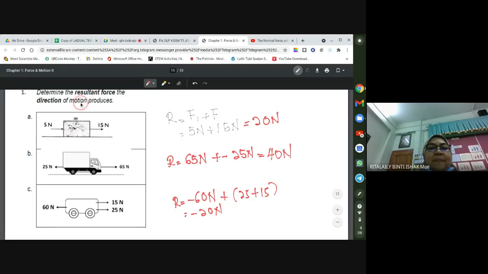Okay, so looking at the diagram, can you tell me to which direction is the acceleration of the object for 1A? 1A, Renisha, can you please tell me which direction will the object move with acceleration? Renisha Kaur.